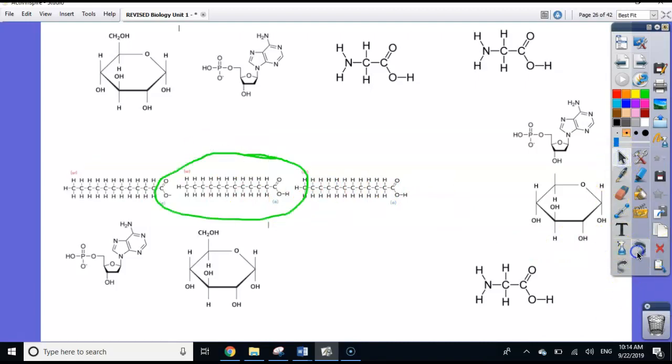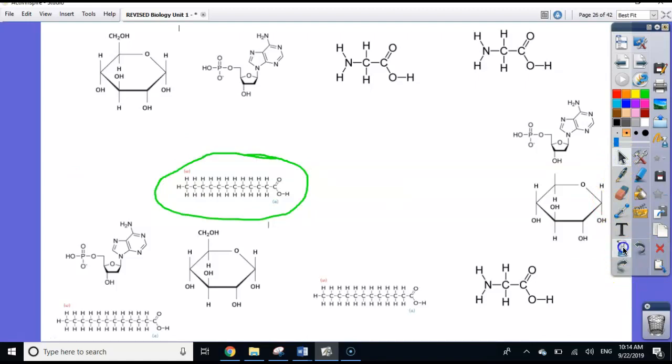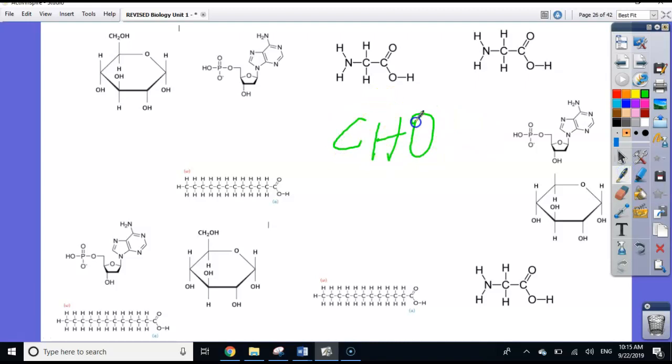Next up, find a protein. A protein has the letter N in it. It has C's, H's, O's, and N's. Can you find the building block of a protein? Here are the letters it has. It doesn't have any P's, just C's, H's, O's, and N's.